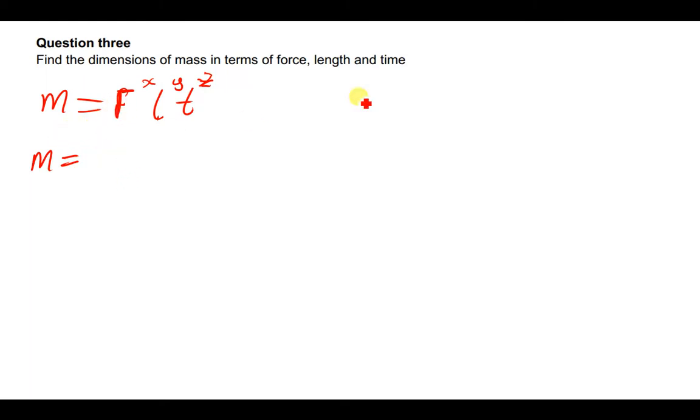From Newton's second law of motion, we know that force is equal to mass times acceleration. So from there we can make mass the subject. So mass is equal to force over the acceleration.